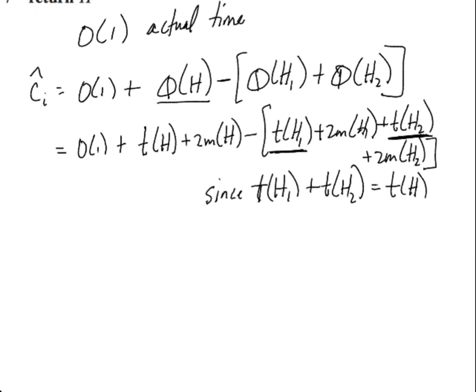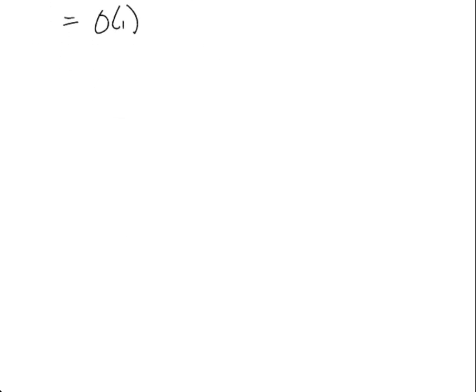And so this right here cancels out with these two right there. And we're not doing any marking or anything either. So the same thing is going to happen with those. So the total amortized cost is constant. Okay, so that is merging or unioning two Fibonacci heaps together.